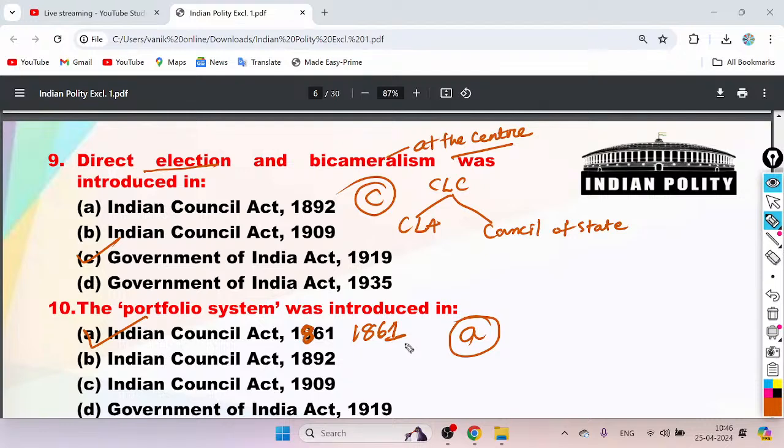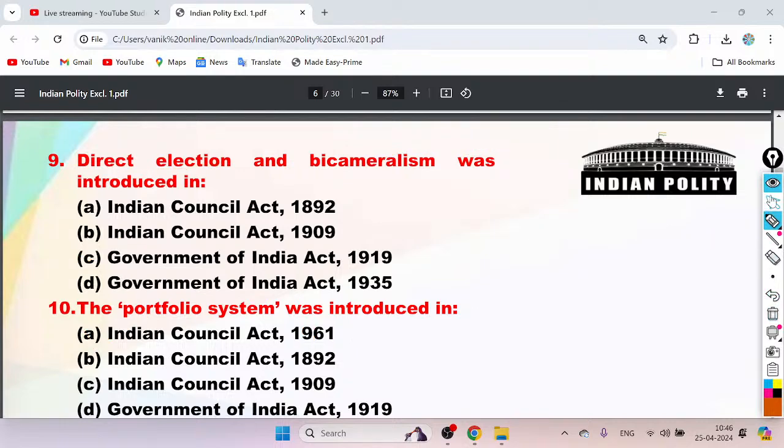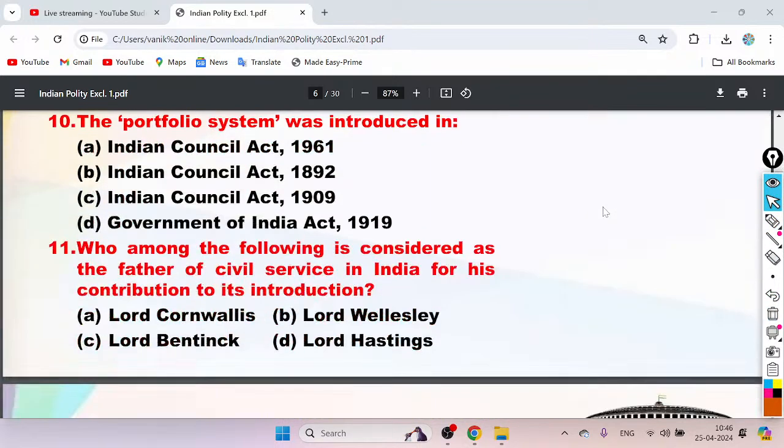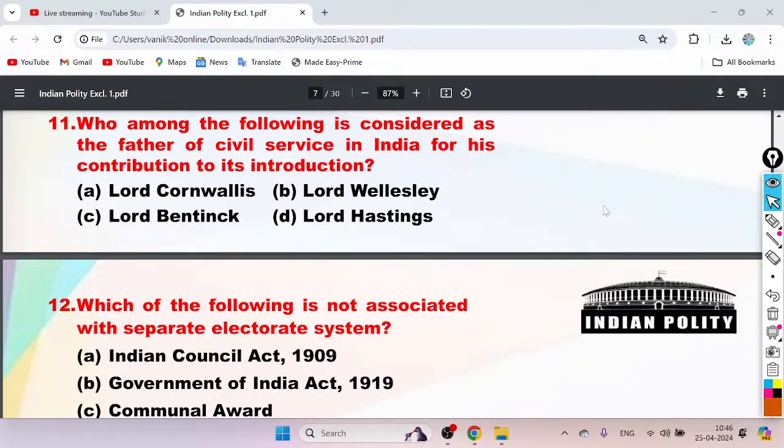Now we'll come to question number 12. Who among the following is considered the father of civil service for its contribution to its introduction?